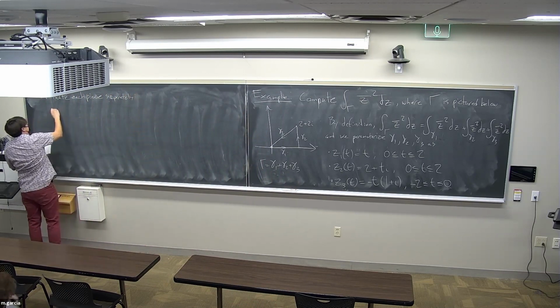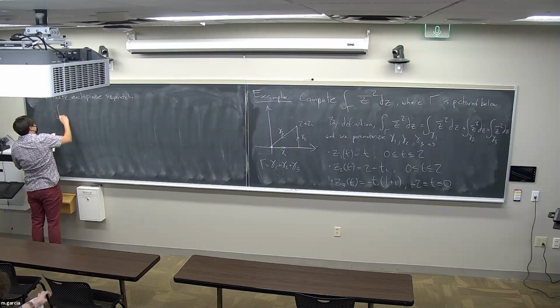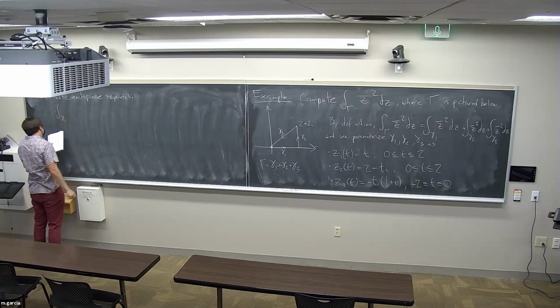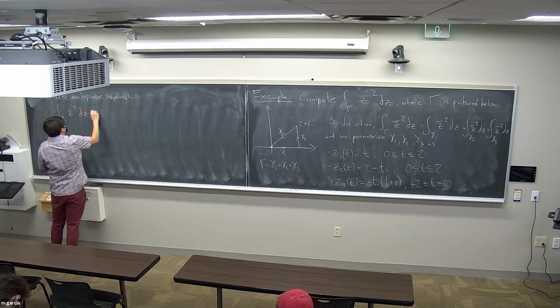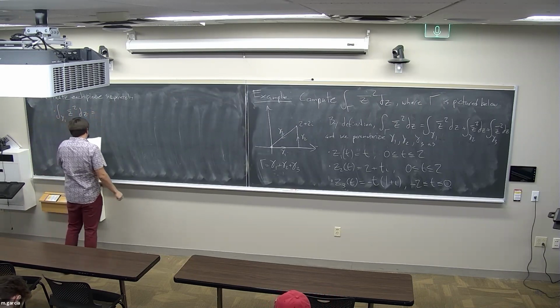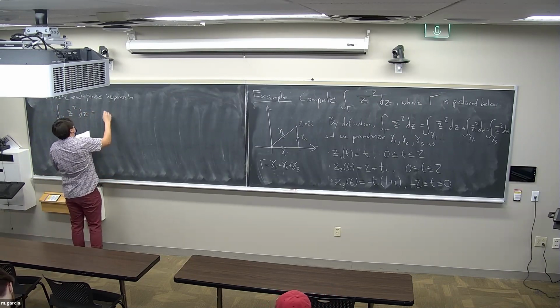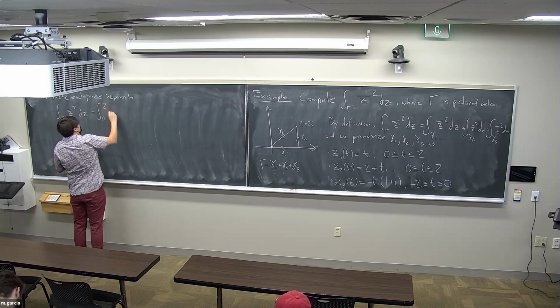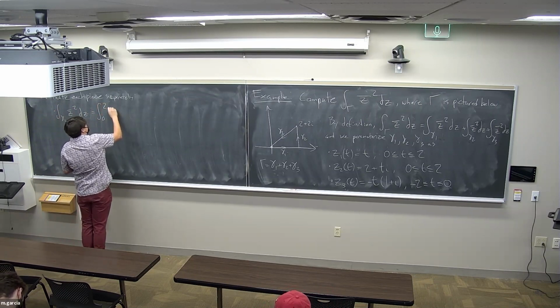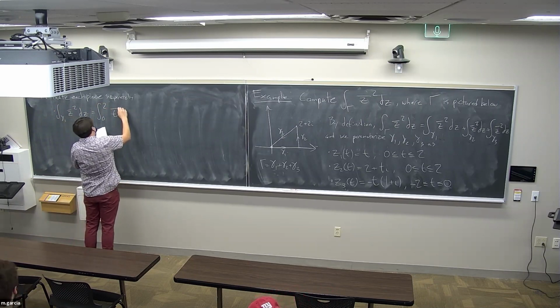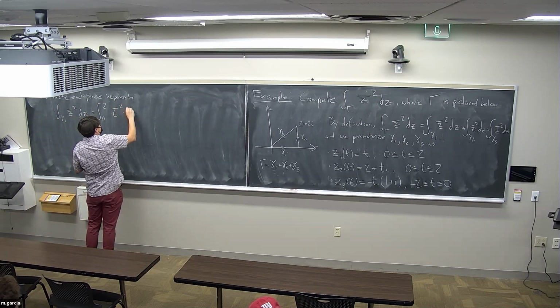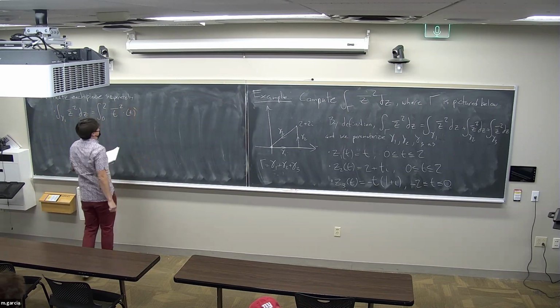Let's take first the integral along gamma 1 of z bar squared dz, which is equal to the integral from 0 to 2 of t bar squared times t prime dt.